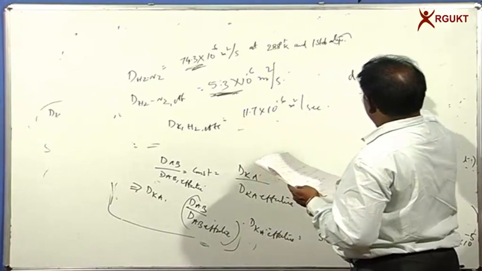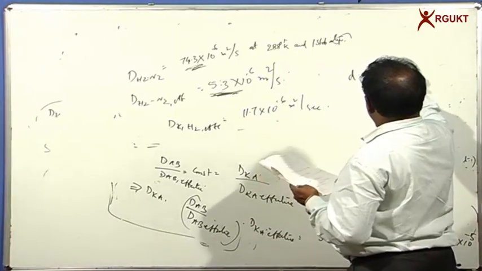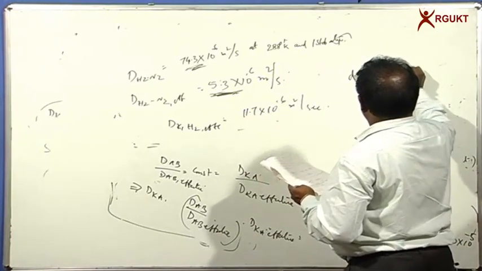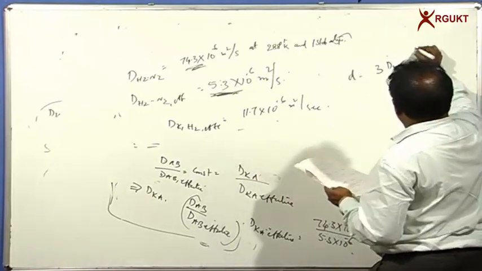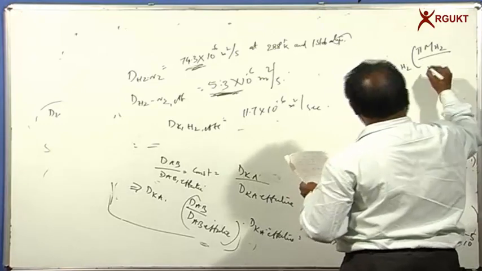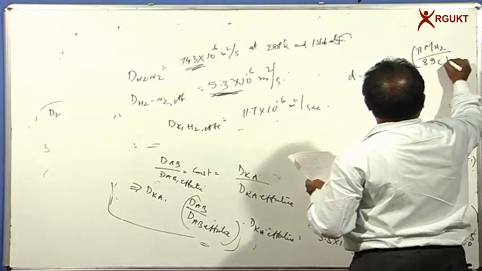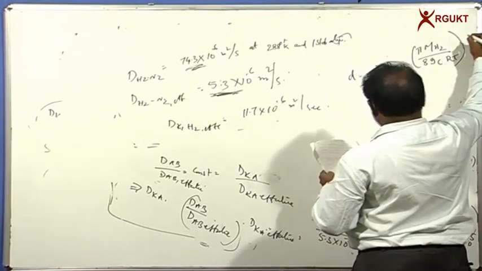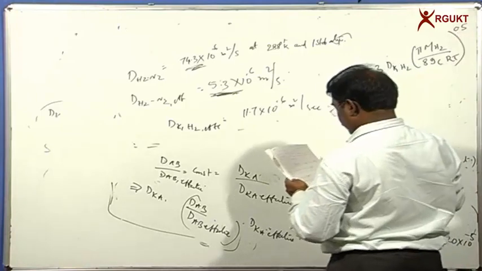And your pore radius, pore diameter is equal to (3 D_K hydrogen pi M_H2 divided by 8 g_c RT) to the power of 0.5.